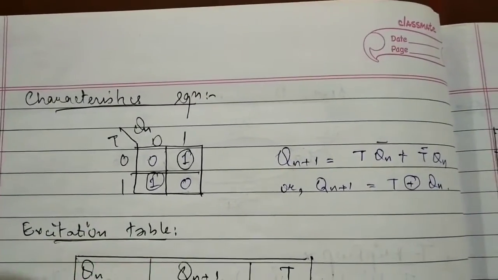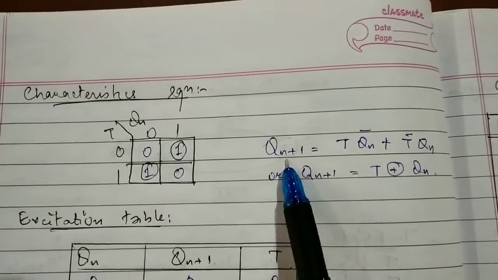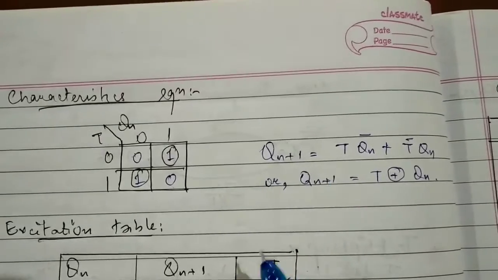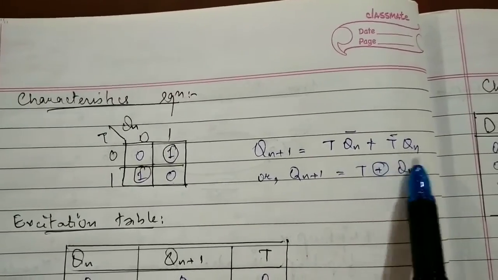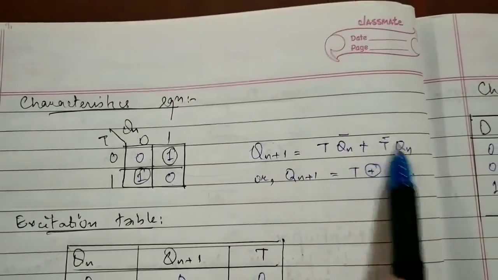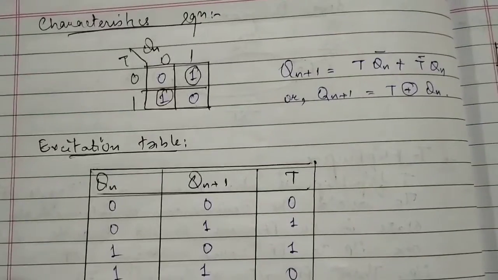After necessary grouping of these cells, we get the characteristic equation of the T flip-flop as Qn plus 1 is equal to T Qn bar plus T bar Qn. As we know, T Qn bar plus T bar Qn is equal to T XOR Qn.